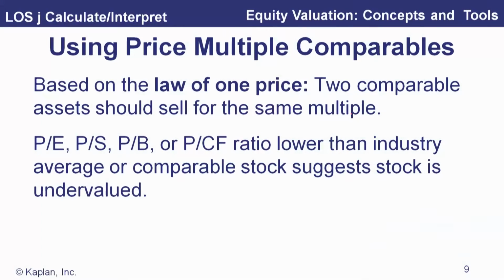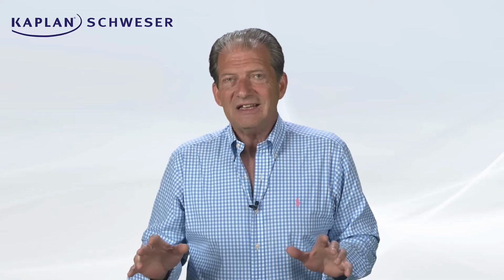And now we talk about using price multiple comparables. And the idea, and we've been mentioning this all along, is just based on the law of one price. If these two firms are identical, they're comparable firms or comparable assets. If they're really close, they should trade at the same multiple.